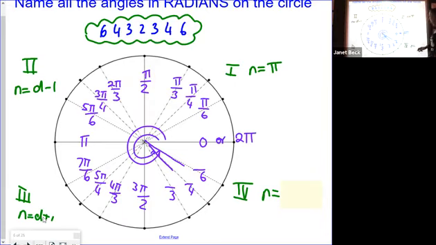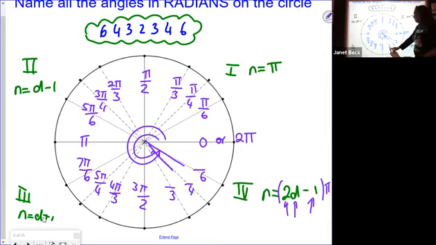And if you want a number to be a little bit less than 2 wholes, then you get the denominator, multiply the denominator by 2, and make it a bit less than that. And of course, we're talking about in pi. So 3 times 2 is 6, take 1 off and you're at 5. 4 times 2 is 8, take 1 off and you're at 7. And that would be 11 pi over 6. Okay?